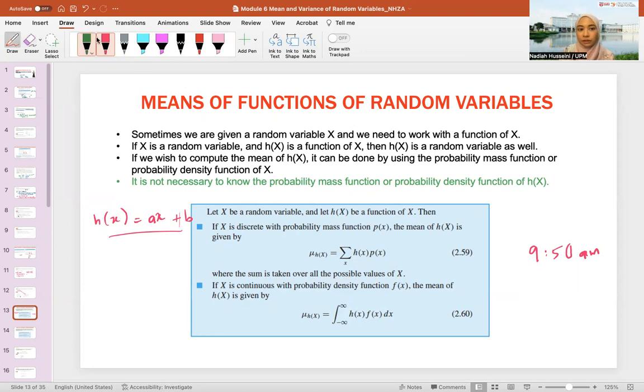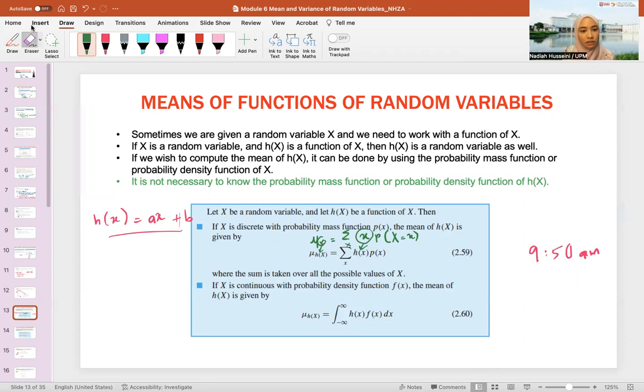Now, how is this different compared to the mean before? Previously, we talked about mu_x, the summation over all the values of x of x times P(X = x), which is the same, except now your x is h(x) and this guy is h(x). So it's almost the same. You just have to add the function in.